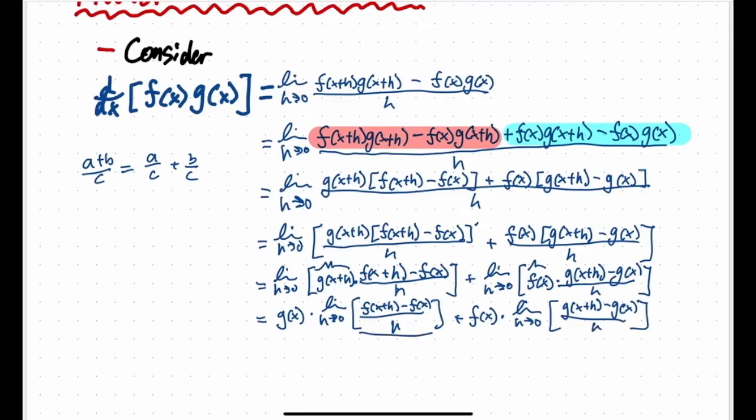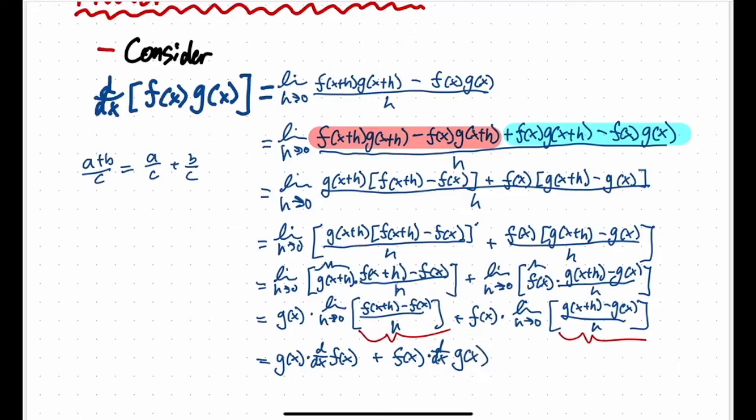And now this and this certainly look familiar. So we can simplify them to what we know and say that this is equal to g of x times d over dx of f of x, or the derivative of f of x, plus f of x times d over dx, or the derivative of g of x.